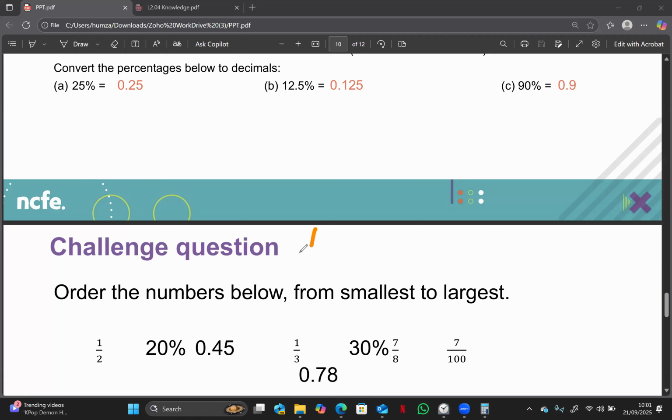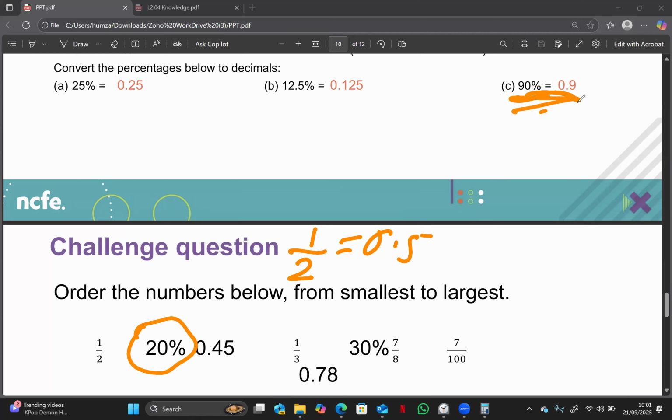So what's 1/2 as a decimal? When you get a fraction, you divide the top by the bottom to get a decimal. So what's 1 divided by 2? 0.5. Right. Then what's 20% as a decimal? How do we convert this percentage into a decimal?